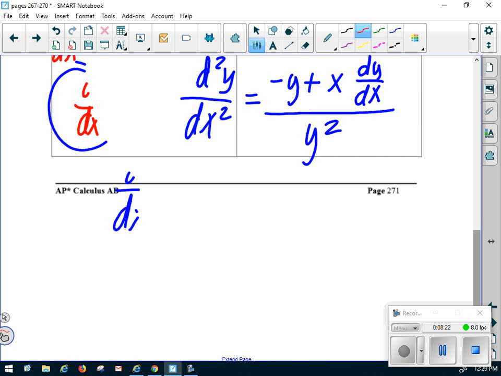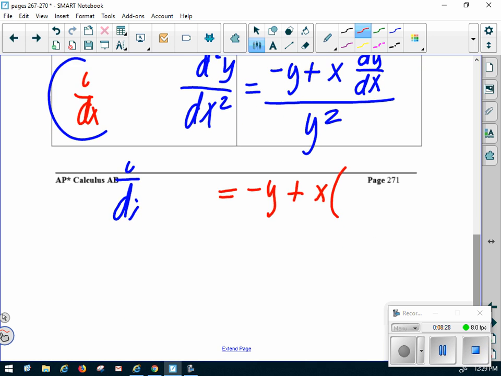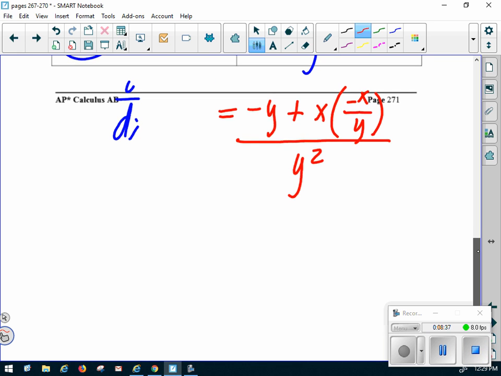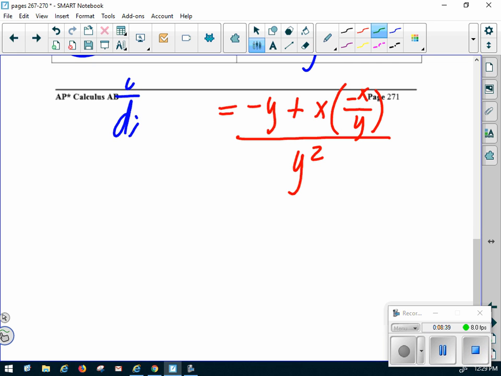So that equals negative y plus x times negative y.